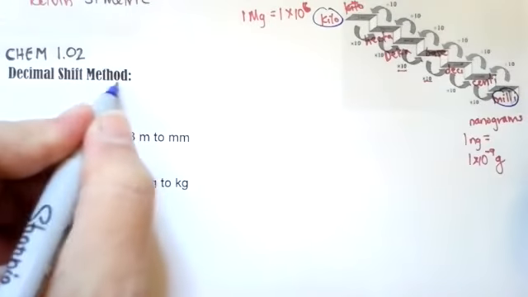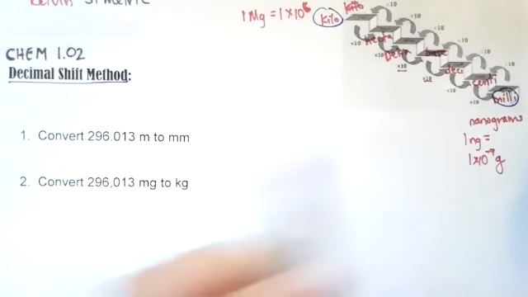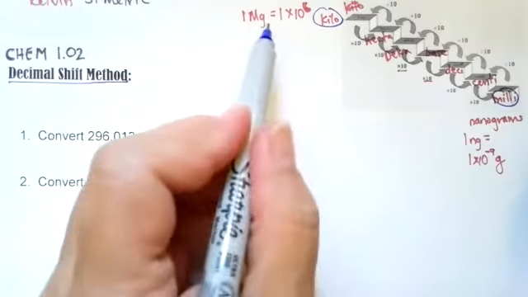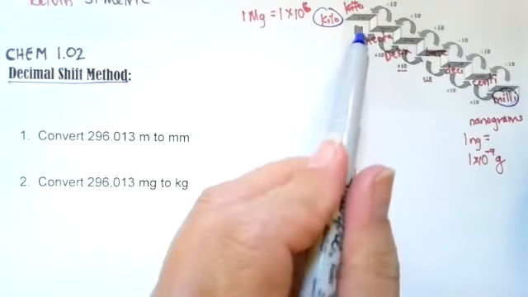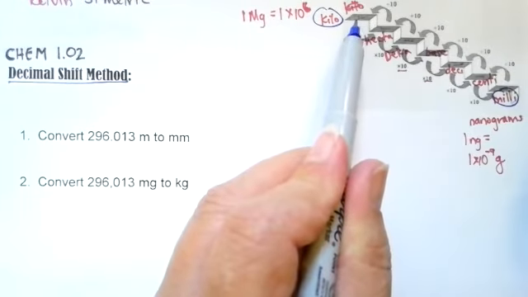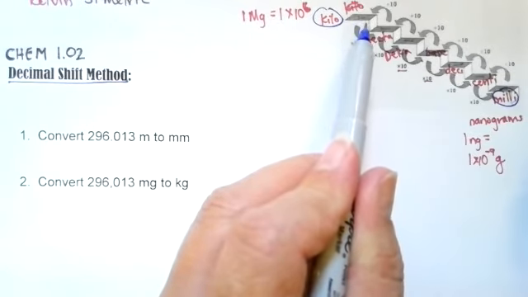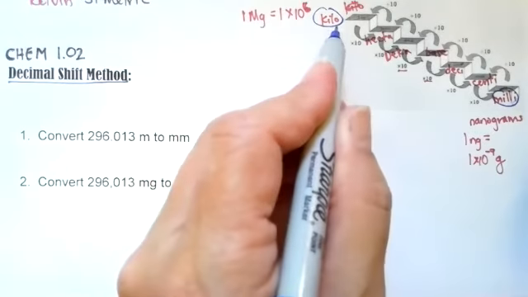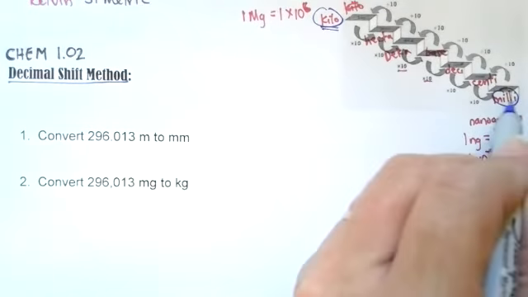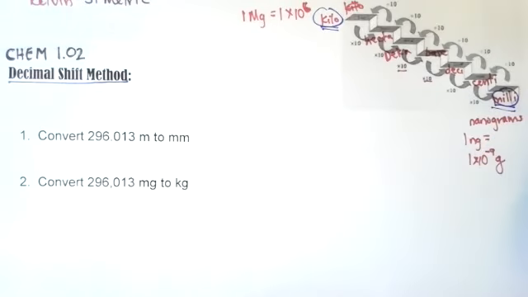Decimal shift works really well when we're between kilo and milli. When we get out to nanograms and megagrams, if you start in kilograms, you're going to have to shift that decimal 9, 10, 11 times, and it gets very limiting. So for our purposes, decimal shift is the method to use between kilo and milli.